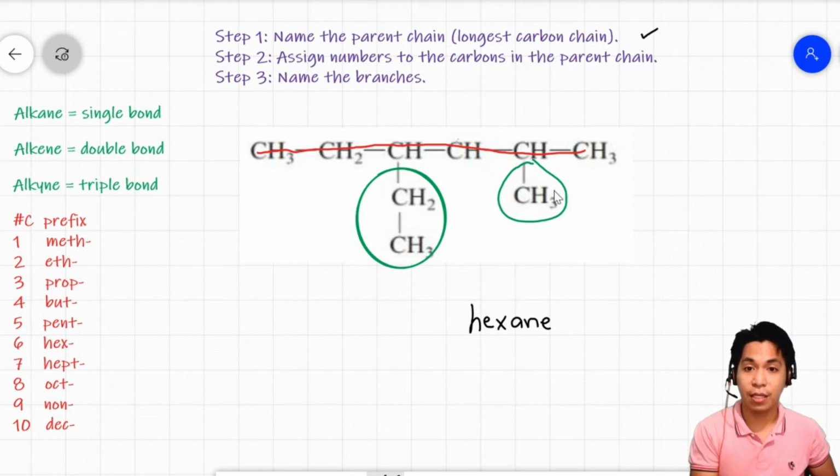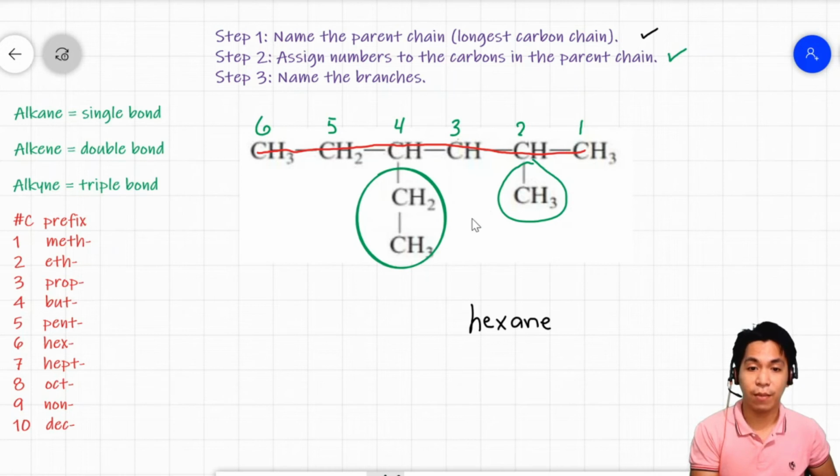This branch here is near to the right side since it's just 2 carbons away from the right, while this branch here is located 1, 2, 3 carbons away to the left. So since this is nearer, we will start counting from the right side. 1, 2, 3, 4, 5, and 6. So we are done with step number 2.